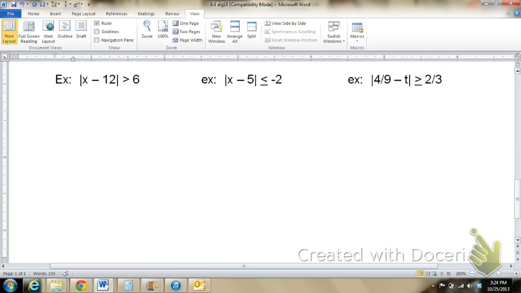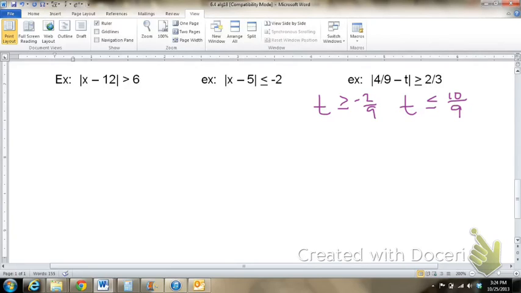So now for this one, my two answers were, whoops, I didn't write the other one down. t is greater than or equal to -2/9. Oh, and t is less than or equal to 10/9. That's what it was.